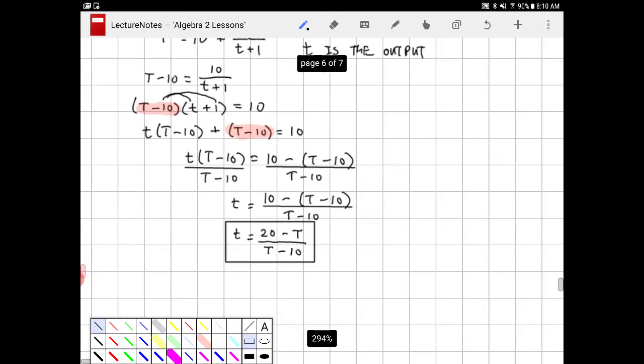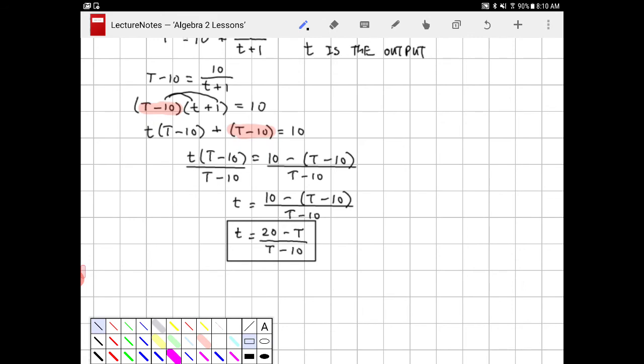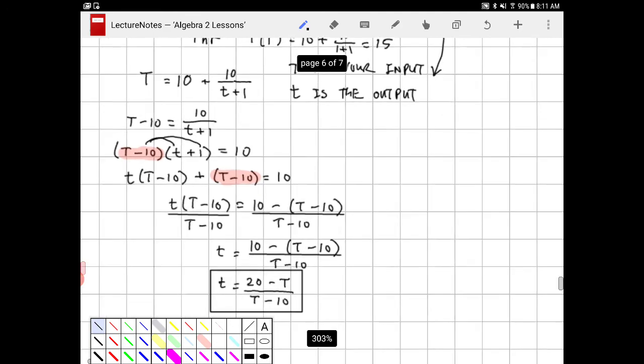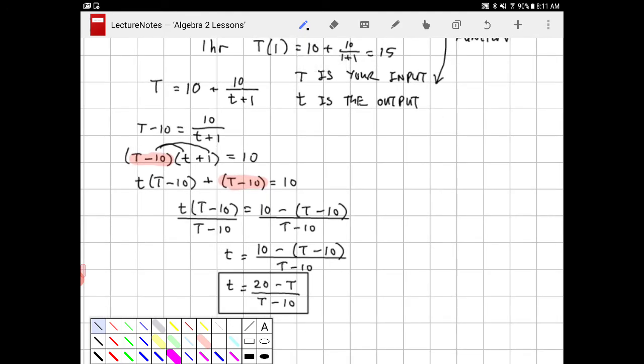Let's say the temperature of the body is now, actually, let's make it 10.5 degrees.